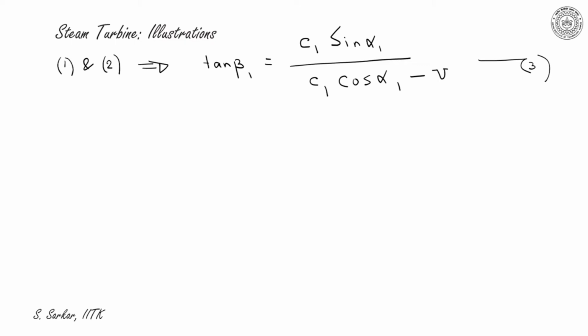Now here C1 is known, alpha 1 is known, u is known.